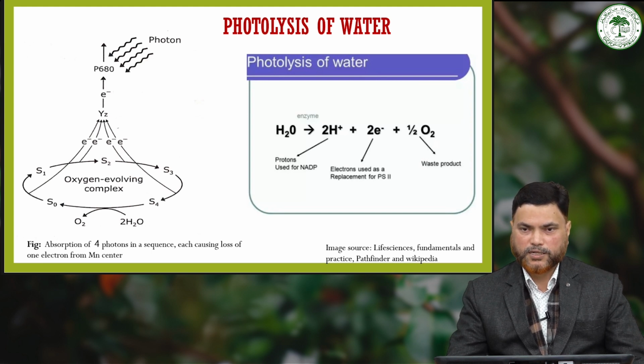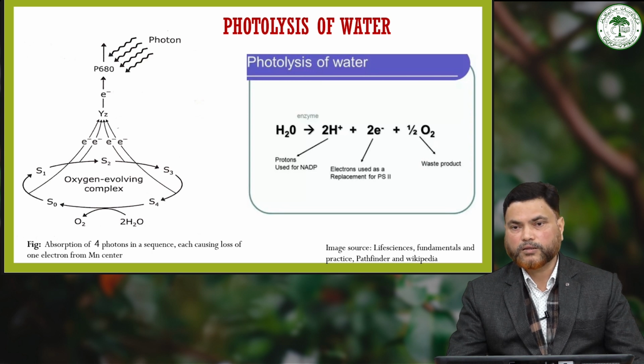So, there exists a sort of mechanistic analogy involving a gear wheel like structure that gathers the 4 electrons from 2 water molecules and sequentially delivers them to the reaction center.